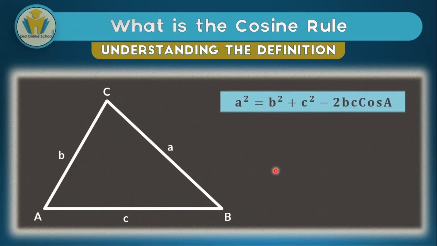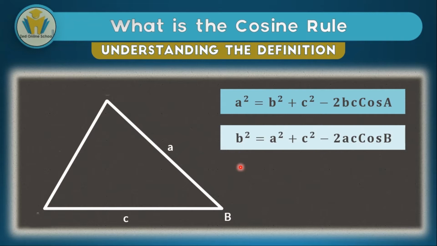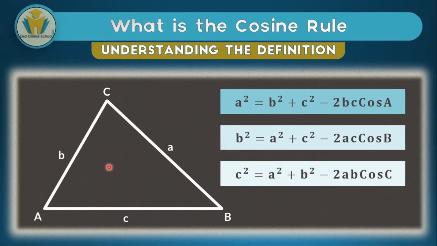Hence, we're going to use the form of the cosine rule: a squared is equal to b squared plus c squared minus 2bc cos A. If we're given a, c, and the angle at B, which is just the angle between a and c, we are going to use b squared is equal to a squared plus c squared minus 2ac cos B. If, on the other hand, we've been given b, a, and the angle at C, we're going to use this third variation.